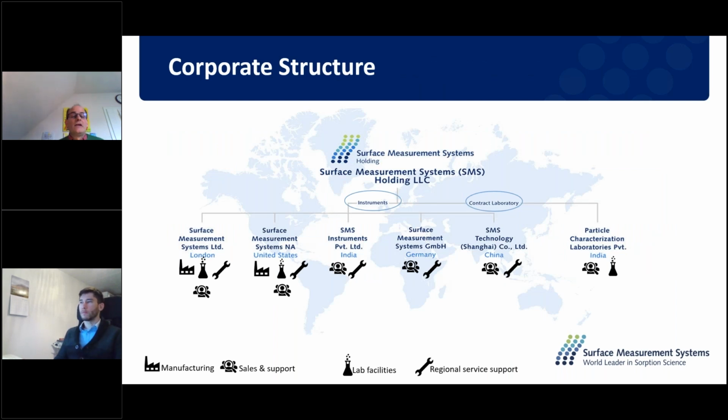Here is a map of where we are. The headquarters is in London, for instruments and contract laboratories, but we have other subsidiaries, and you see from the picture where there is manufacturing, where we have labs, and where we have regional support.